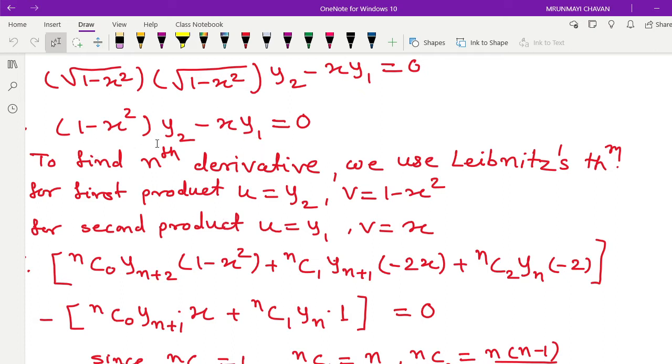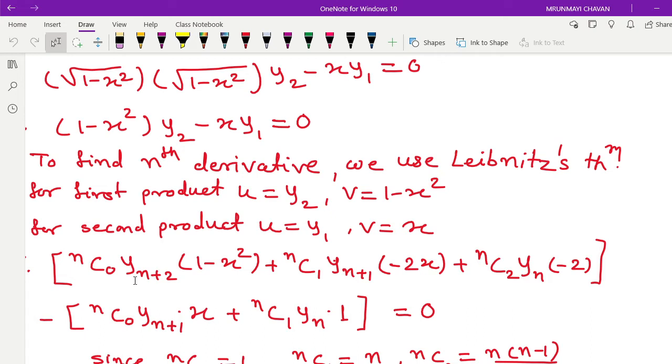So for the first product, by using Leibniz theorem, we can write the nth derivative as nc0 into un v, meaning the nth derivative of u. So u is here y2, so the nth derivative of y2 is yn plus 2.